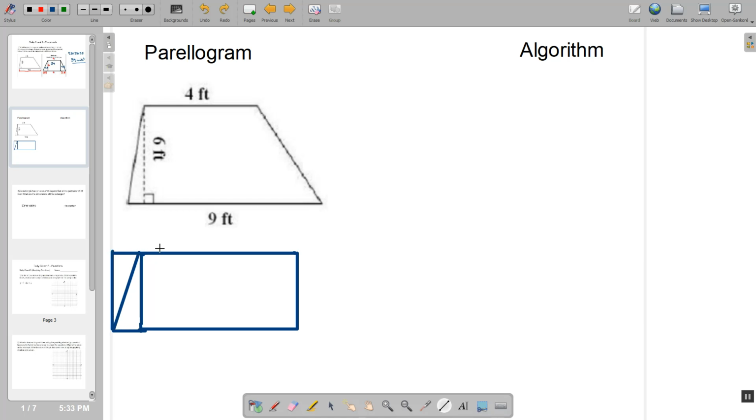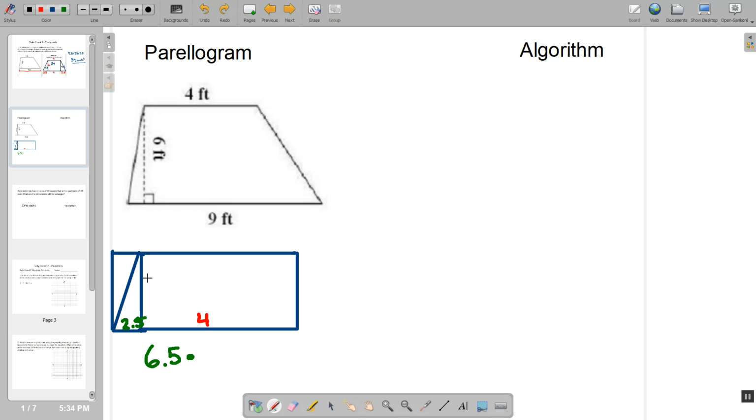Okay? So, we remember from our last problem that the length of the base is 4 units. And then the length of this triangle down here was 2.5. So the entire length of the rectangle is 6.5. We're going to take that times the height.